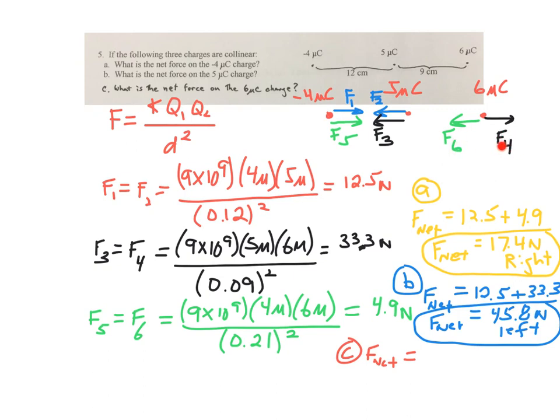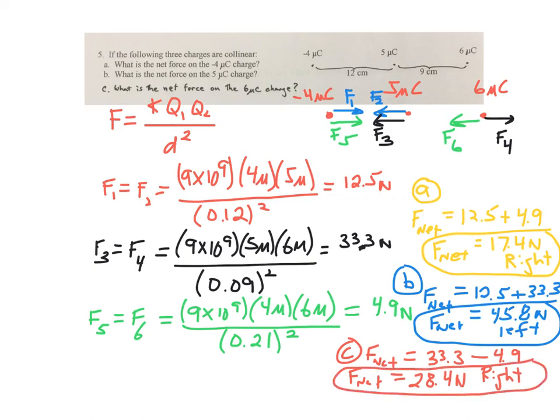F sub 4 is much bigger, 33.3 newtons, minus F sub 6, 4.9 newtons. So F net for that 6 microcoulomb charge is 28.4 newtons. The direction will be to the right with a stronger force. F sub 4 is bigger than F sub 6, so that's towards the right in this diagram. So there's my net force on that last charge. Congratulations, this problem's done.